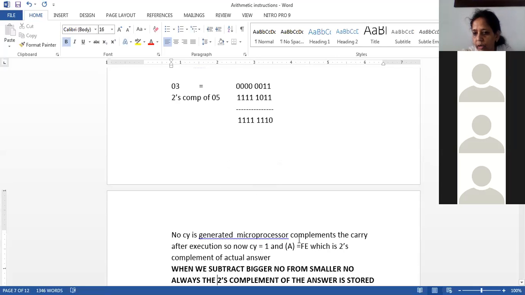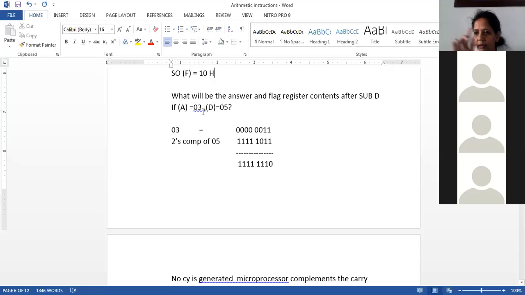Okay. So whenever you are subtracting the bigger number from the smaller number, in this case I am subtracting 5 from 3. In the earlier case, I was subtracting 3 from 5. So when I was subtracting the smaller number from the bigger number, I was getting the actual answer, that is 02.